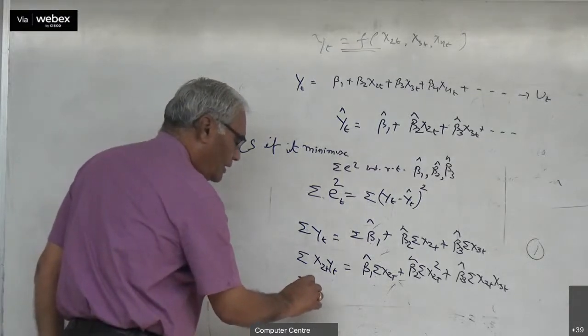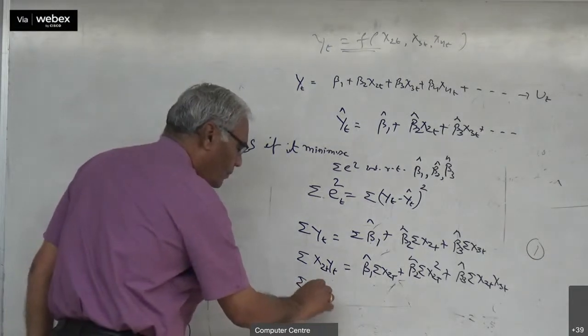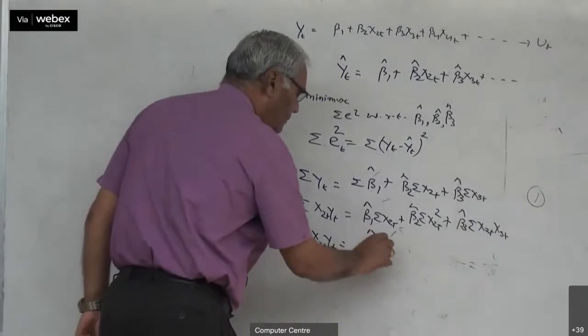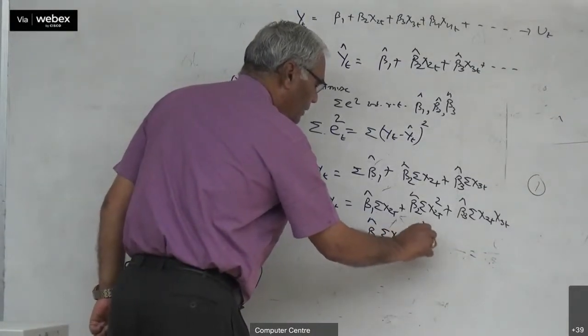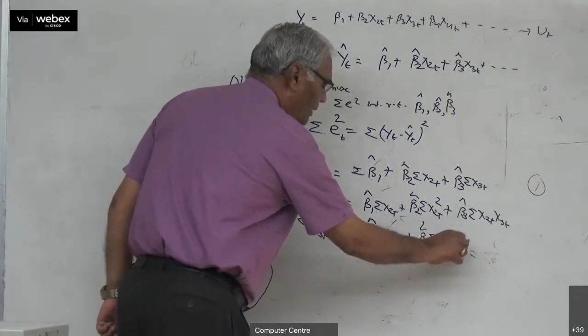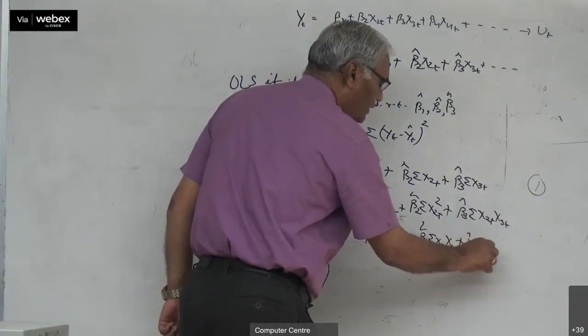Third normal equation, multiply throughout by x3t and put summation. Beta 1 cap summation x3t plus beta 2 cap summation x2t x3t plus beta 3 cap summation x3t square.